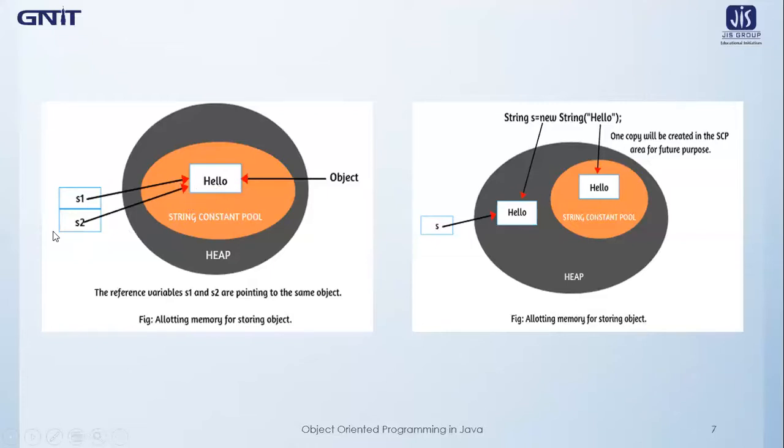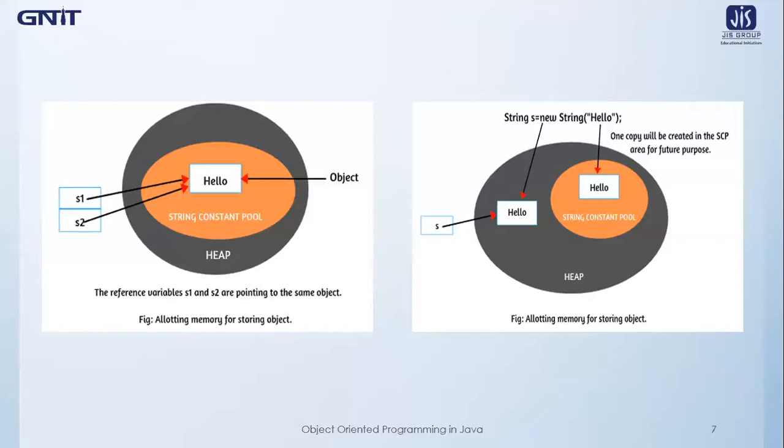That means S1 and S2 both will point to the same object in the string constant pool. If this object was not there, then for the second statement also, the JVM would have created an object containing the value hello inside the string constant pool. But as this object is already there inside the SCP area, the JVM is not going to create any other object.